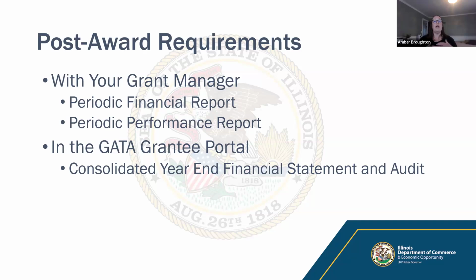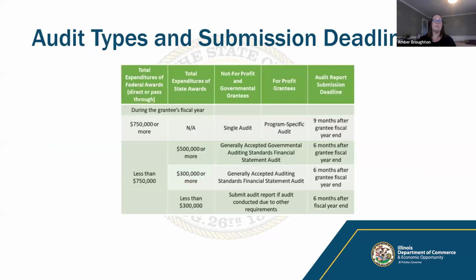It will help guide you through what type of audit and what type of documents are needed. Also keep in mind that there will likely be a cost associated with an audit, and the grantee will be responsible for those expenses.